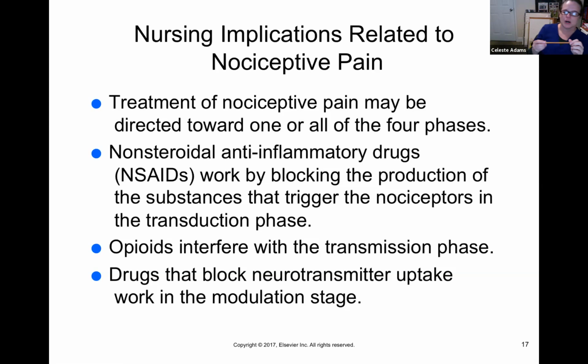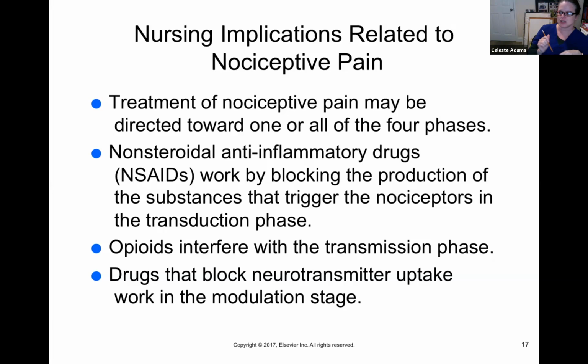Opioids, painkillers, are going to be your Demerols, your morphines, your Percocets, your Loratabs. Those are going to interfere with the transmission phase. They stop the impulses from going to the spinal cord. Drugs that block the neurotransmitter uptake work in the modulation stage.